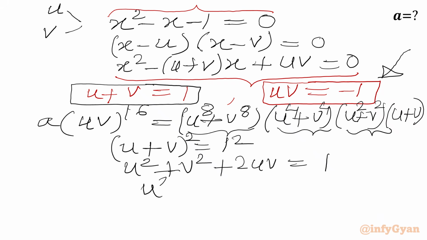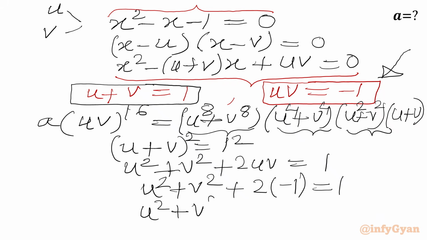So we will write u square plus v square plus 2 times minus 1 equal to 1. We'll write u square plus v square minus 2 equal to 1. So the value of u square plus v square will be equal to 2 plus 1, or 1 plus 2, the value will be 3.